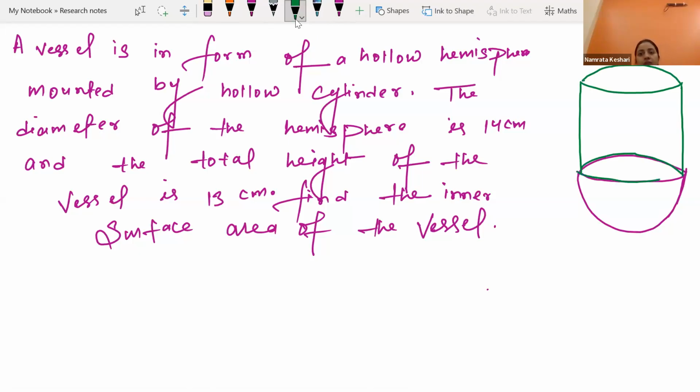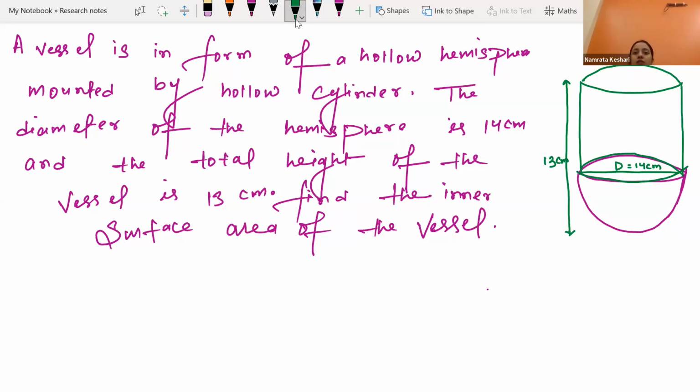The diameter of this hemisphere is given as 14 centimeter. And the total height of this vessel is given as 13 centimeter. Find the inner surface area of the vessel.